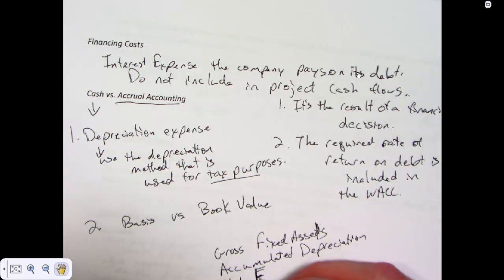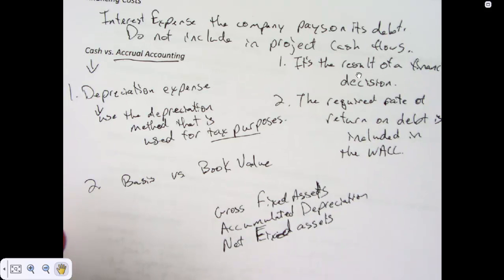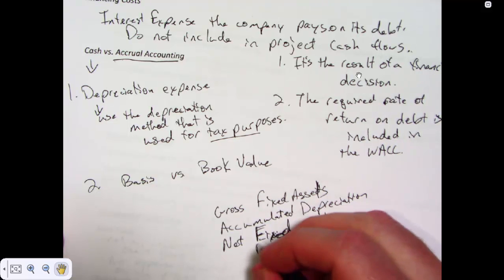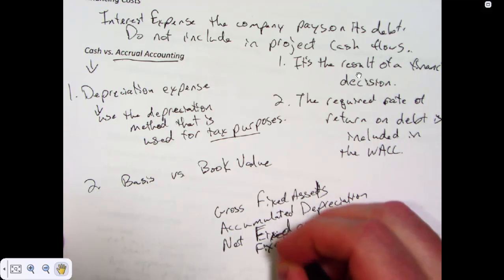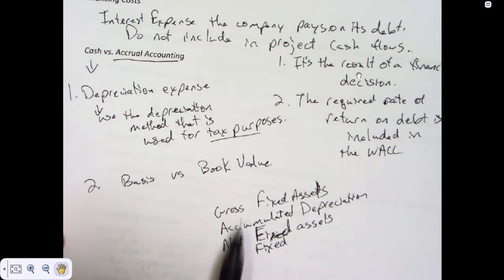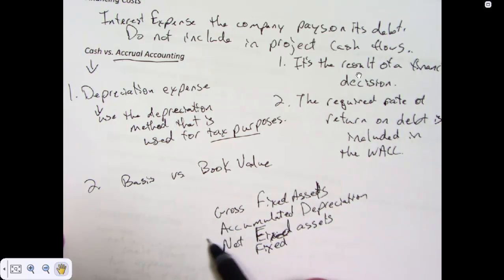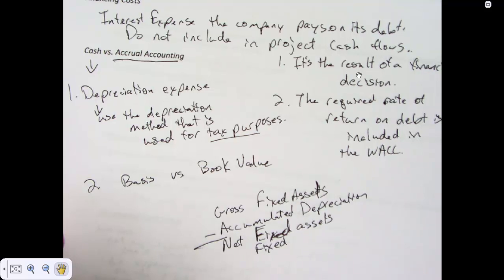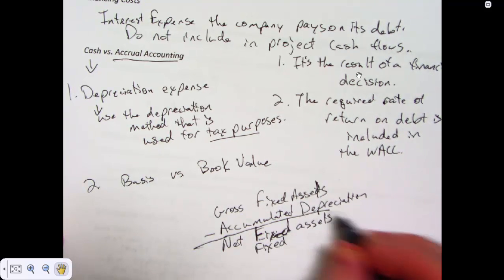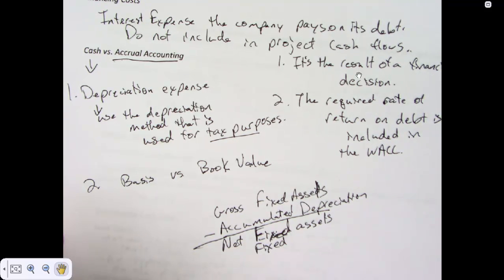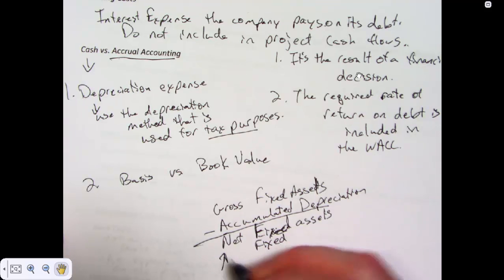Sorry about that, that's an F, fixed assets. So that is the word fixed, not anything else. There we go. Gross fixed assets minus accumulated depreciation equal our net fixed assets. We would refer to this as the book value.